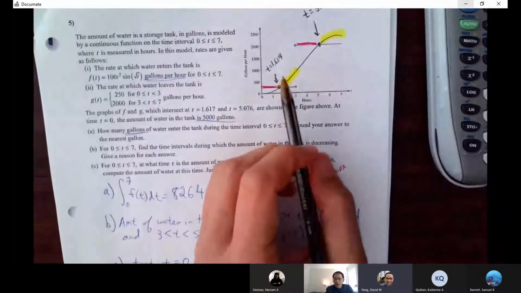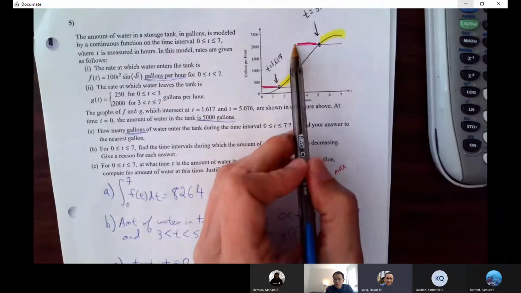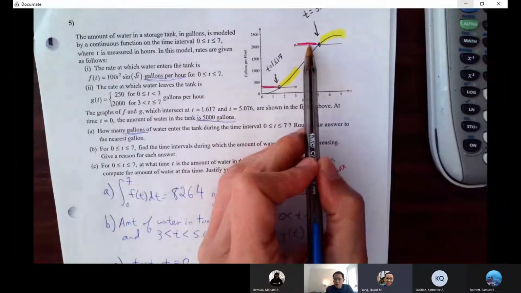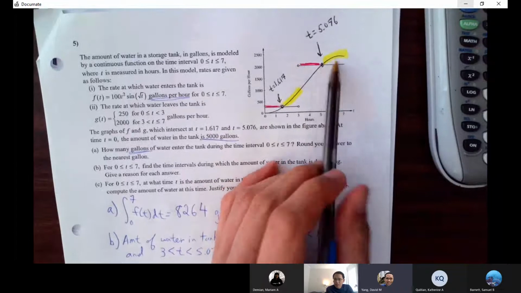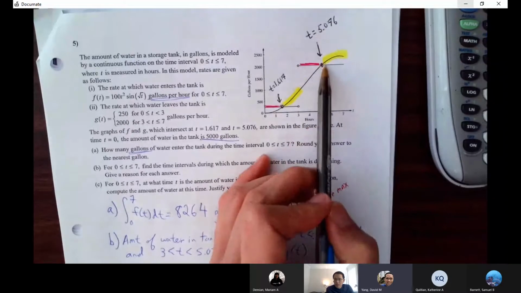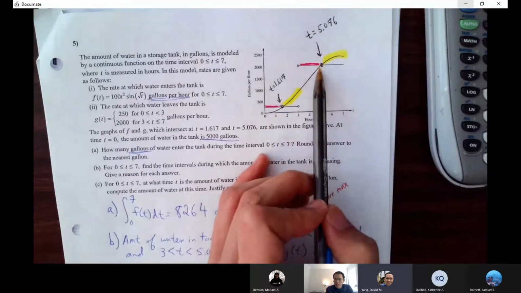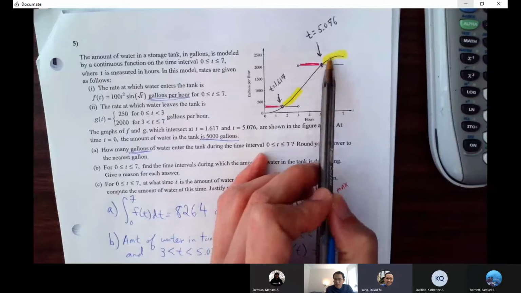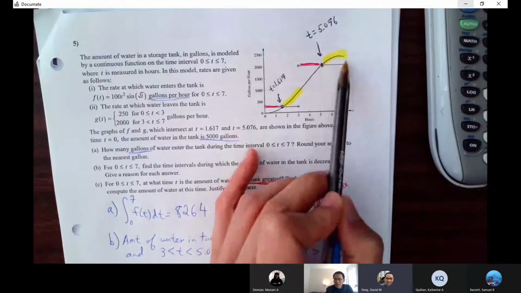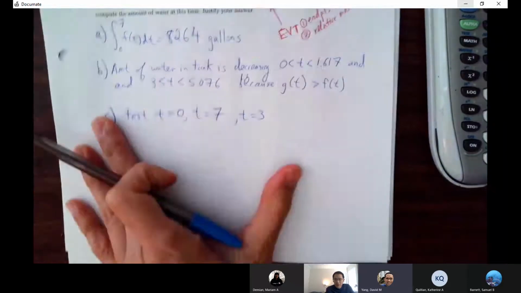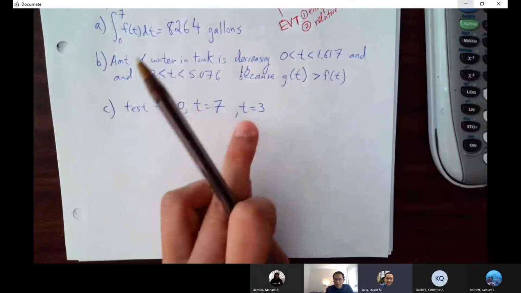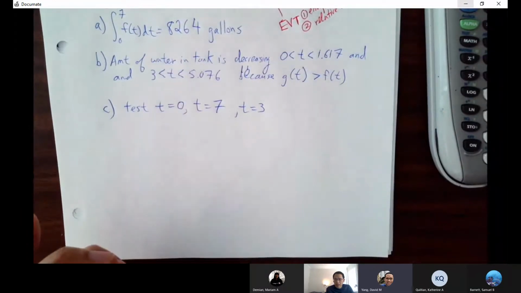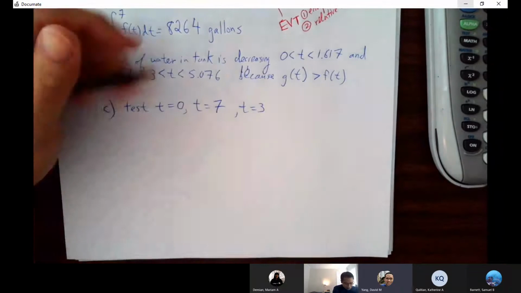Then it's going to drop until it rises again at 5.076. So this is another relative minimum, and there's no need to test relative minimums. So it's going to fall, then it's going to rise again, and there's our endpoint. So we only need to test 3 points. We only need to know how much water there is at 0, at 3, and then at 7 hours.